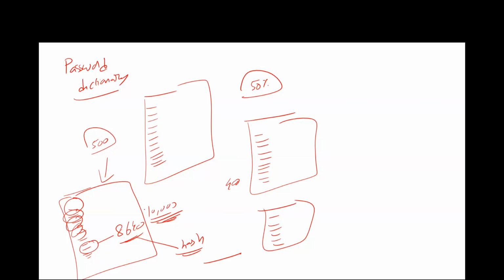But let us say that specific word or combination is not available in the password dictionary. Will you be able to see the exact same hash value? So guys, what do you say? If that exact same word is not available in the password dictionary, you'll not be able to see the hash. So in short, it means the probability of cracking a password successfully is only 50%. If you have the word in the dictionary, you'll be able to crack it. You don't have the word, you'll not be able to crack it.